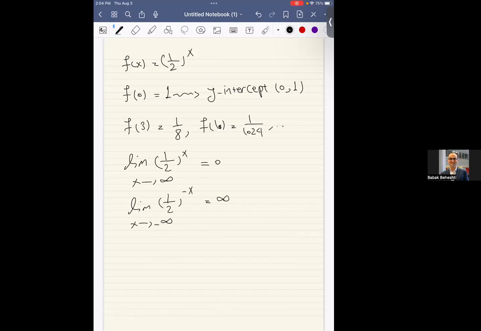Let me write here why this is the case. 1/2 to the power minus infinity is equal to 2 to the power plus infinity. Remember, when you have a negative exponent, you flip the fraction. So that means this is infinity.